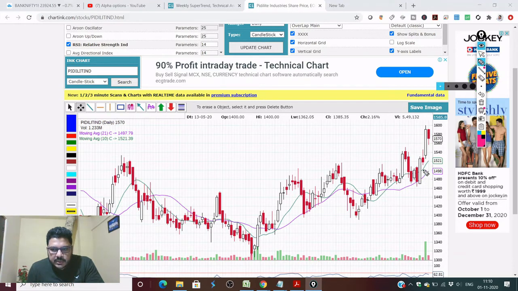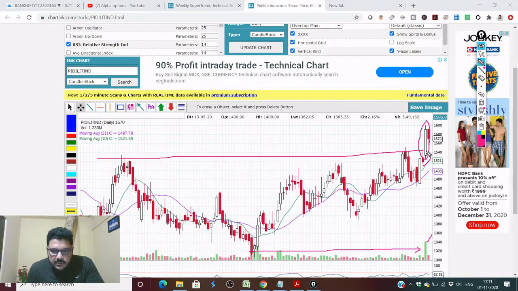The price is actually above the moving average 20 or 21, and see the candlestick patterns. Usually whenever you see a green bar like this with volume, see the volume, towering volume compared to all the previous volumes. So this is a nice breakout of this zone.